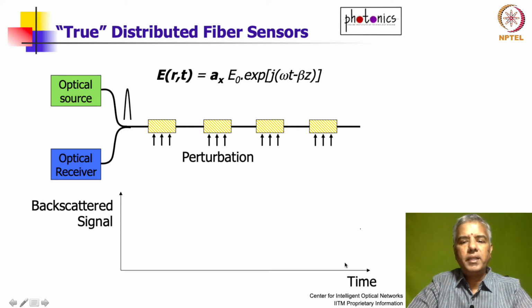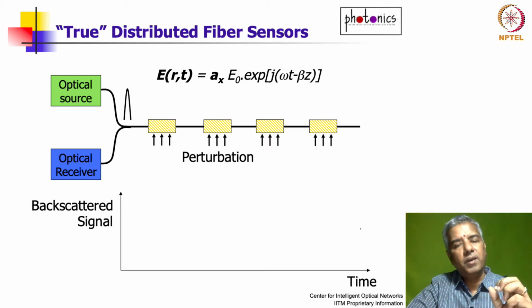Well, we know that the light travels in this fiber with a very specific velocity. The velocity is given by the velocity of light in free space divided by the refractive index of the medium, or the refractive index that the light sees as it's traveling down the fiber. So that would be the velocity of the light.